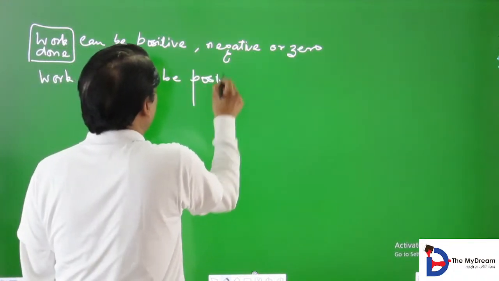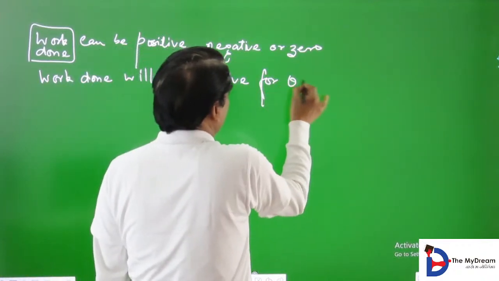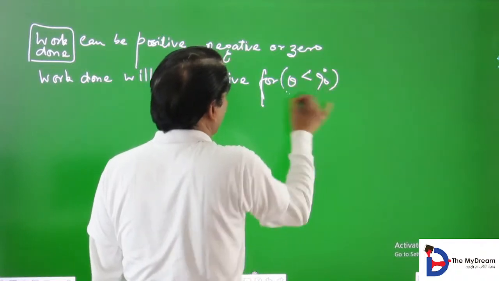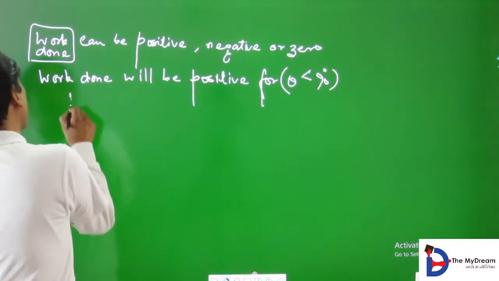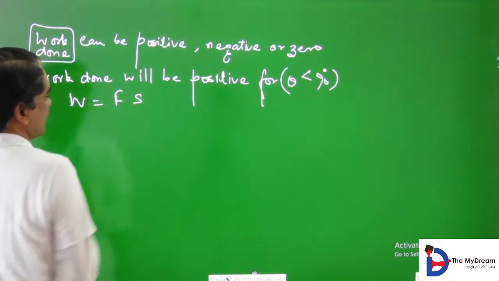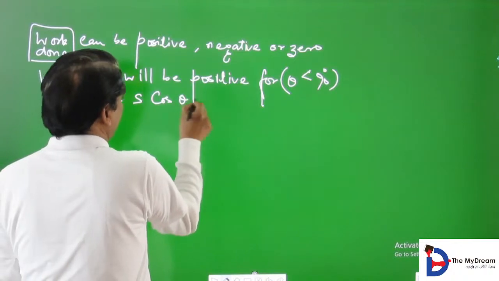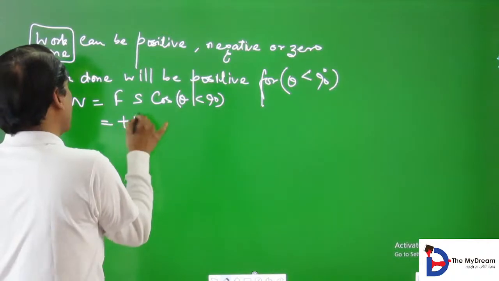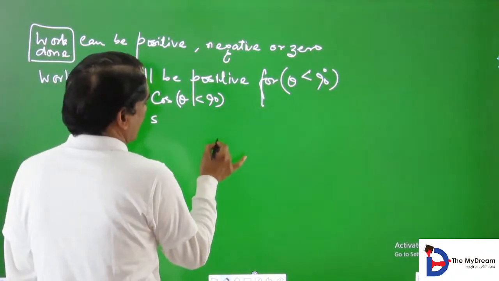Work done will be positive for theta less than 90 degrees. Then work done is equal to F S cos theta; if theta is less than 90, then it is positive.